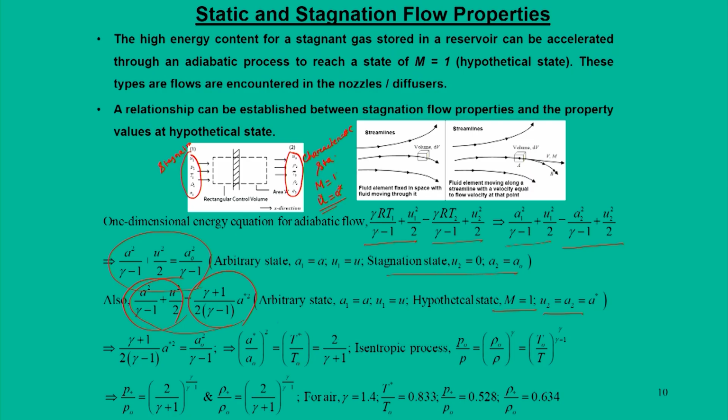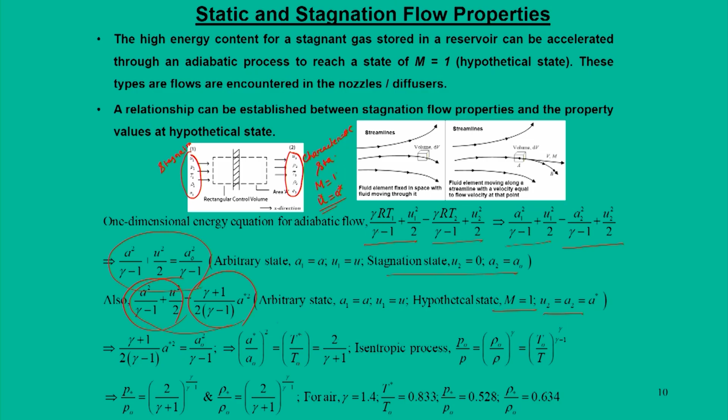That is the extreme case. The initial state is the stagnation state, the final state is the characteristic state, which means the gas changes its state from its stagnation value to a state where it has Mach number 1. That means the flow is accelerated from zero velocity to a sonic value.